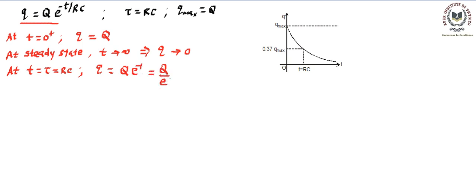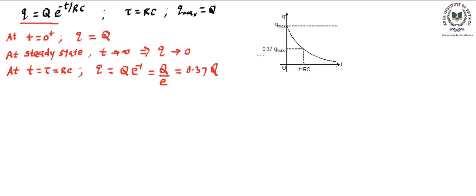If we put the value of e, it comes out to be 0.37 capital Q. So that means when the time is equal to one time constant, then the charge on the capacitor is 0.37 of Q, which is the maximum charge. This has been shown on this graph. When t is equal to RC, the charge comes out to be 0.37 Q max. So that means the charge that remained in the capacitor is 37% of the maximum.